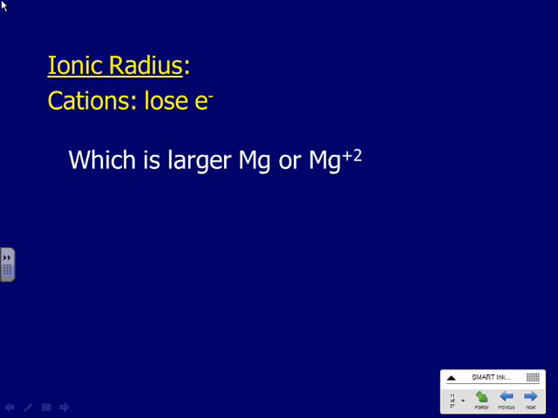Yep. The magnesium atom. And then you simply support it with some logic. In this case, the logic's very easy. The magnesium ion lost 2 electrons and therefore lost its outer shell. All right? So, which is larger? The magnesium atom is larger.